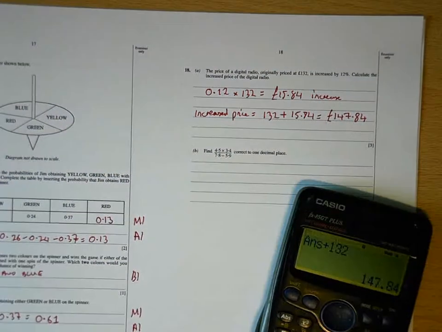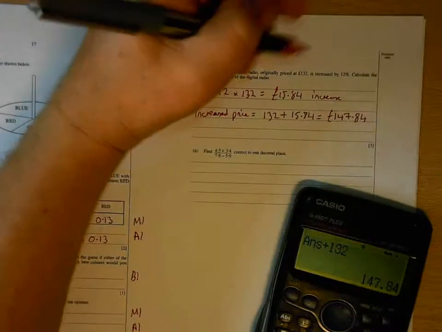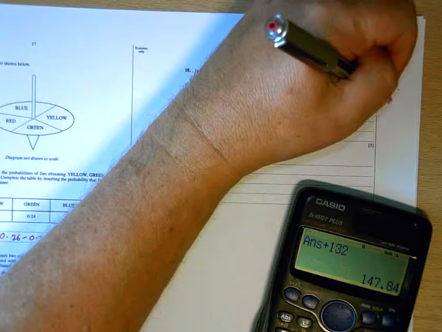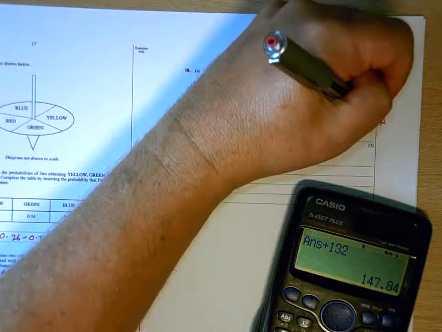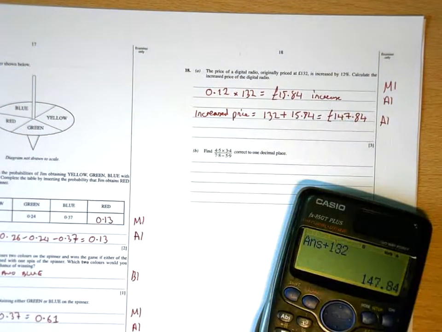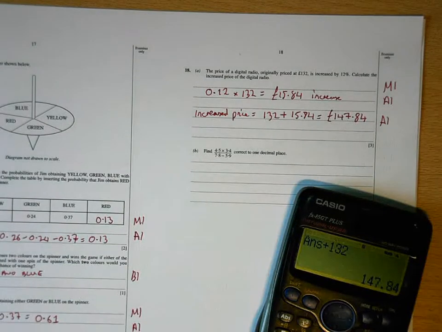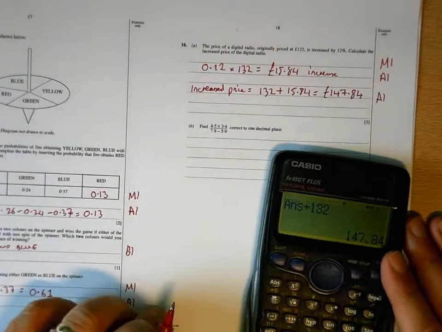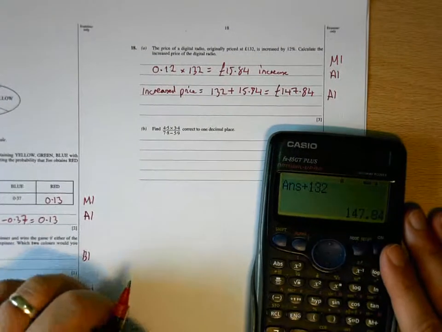So it's now going to cost £147.84. There's going to be 1 mark for the percentage and the value of the increase, and 1 mark for then getting the final price.